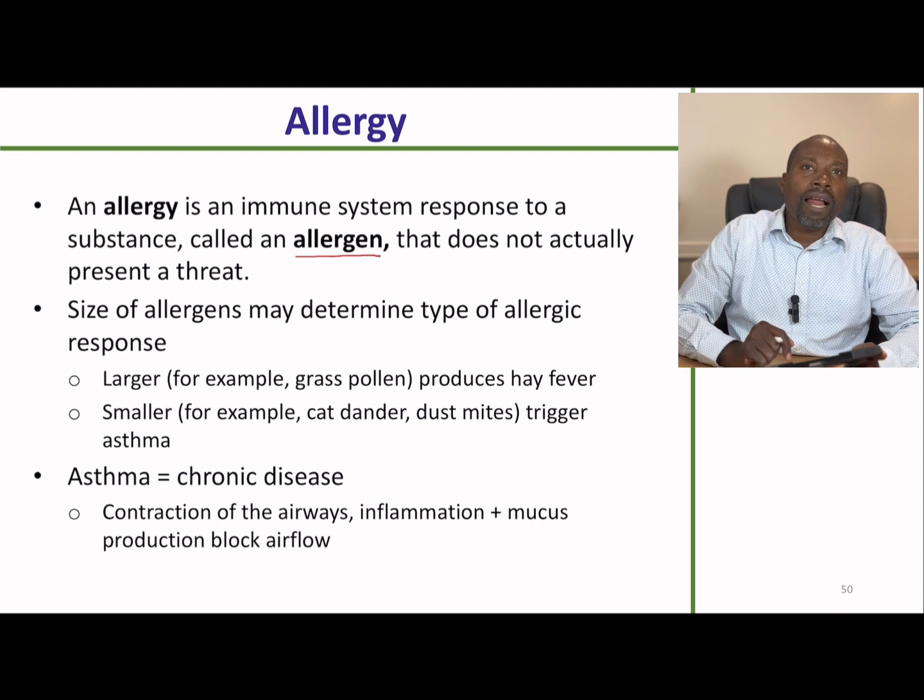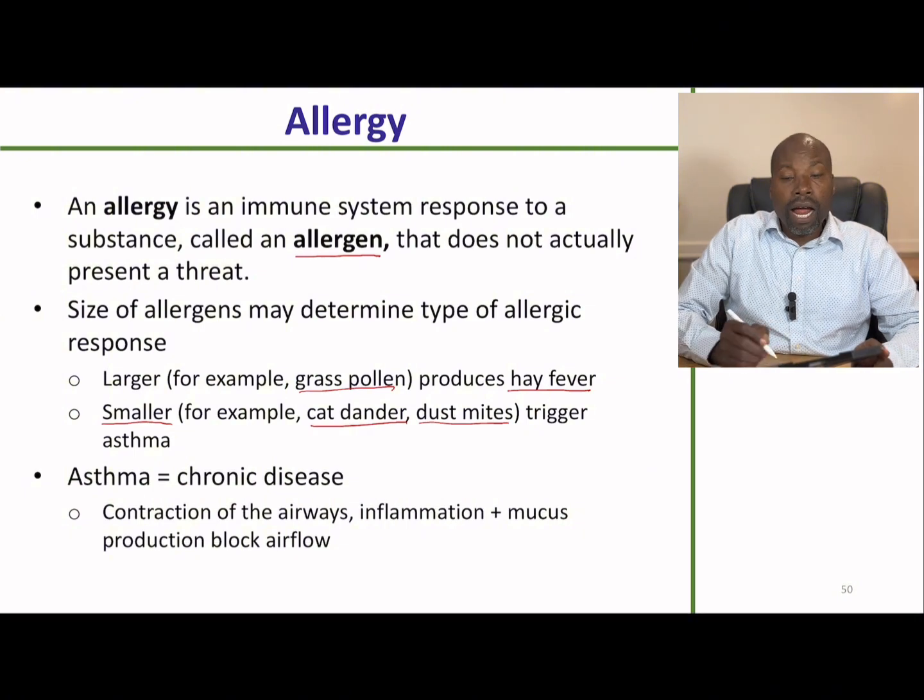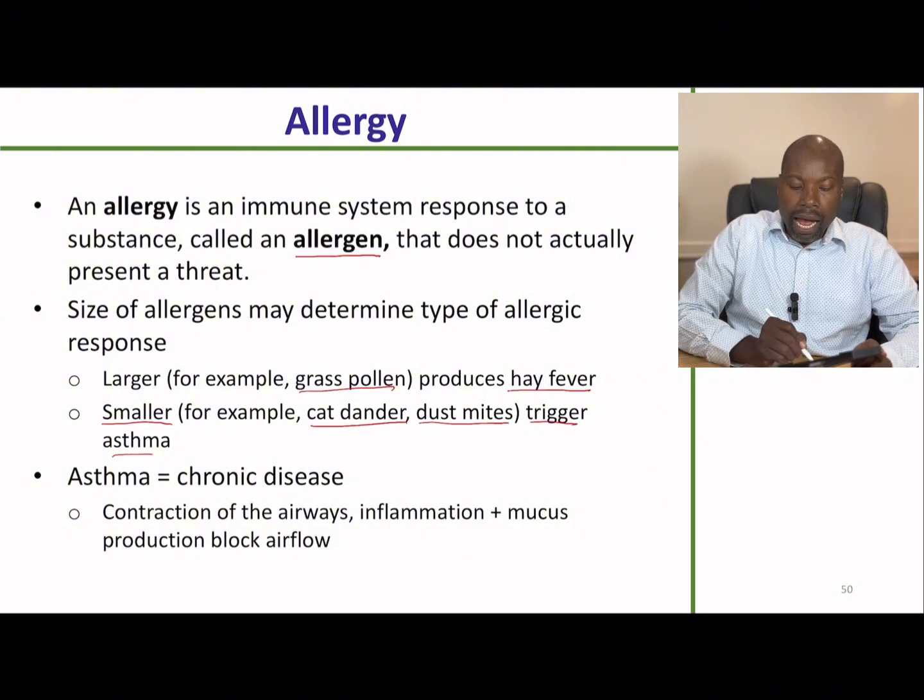You're going to have allergens that are large in size, for instance, grass pollen, right? These are going to typically produce hay fever. Then we have allergens that are small in size. This is, for instance, dust mites and cat dander that are actually going to trigger asthma.